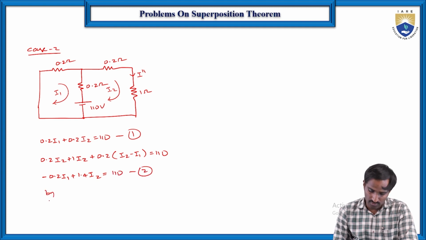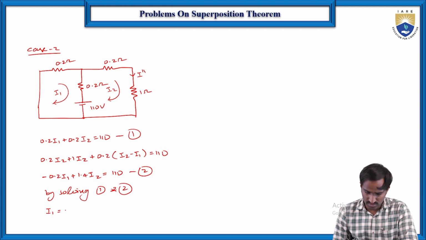Then by solving again equation 1 and 2, you will get the value of I1. So I1 is equal to minus 253.84 amperes, and I2 is equal to 42.30 amperes. So here I2 is nothing but I double dash, right?